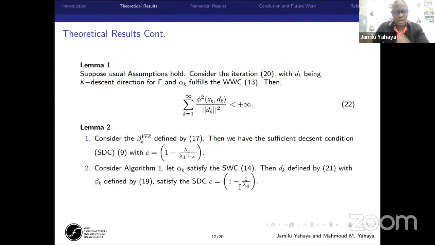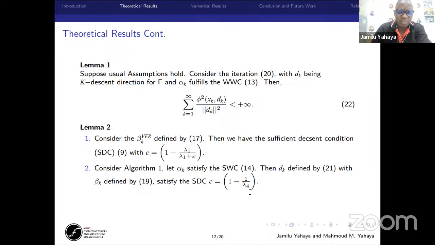Then the second lemma also considers Algorithm 1 and assumes that alpha satisfies some strong Wolfe conditions. Then d_k, defined by 21 as in the algorithm by my colleague, with beta_k defined by 19, which is the modified HS, satisfies the sufficient descent condition with this 1 minus 1 over alpha form.